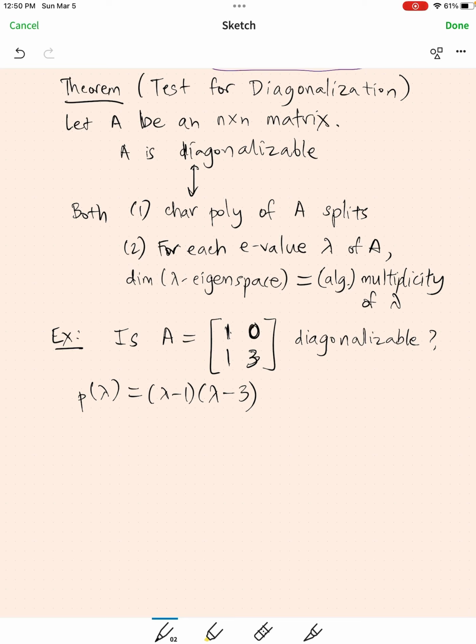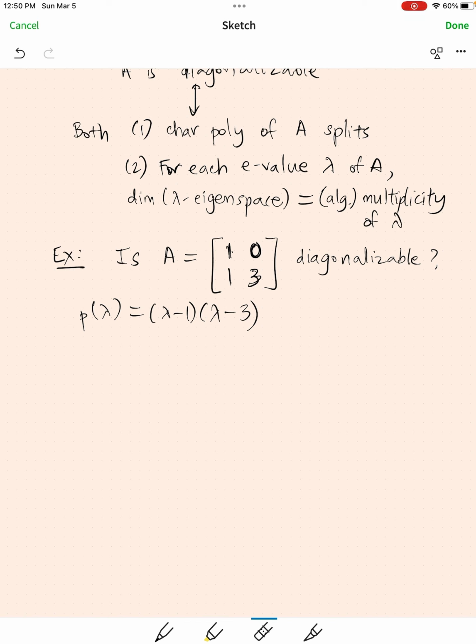Now, if you think about it, I have these two eigenvalues. Lambda 1 is 1, lambda 2 is 3. Now, what's the dimension of the lambda eigenspace?